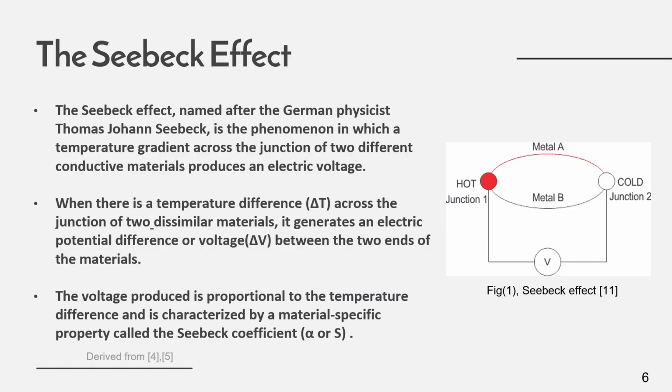And the Seebeck effect, as we have already discussed, is the basic principle behind the working of the TEG, an observation made by the German physicist Thomas Johann Seebeck. According to this effect, the temperature gradient across the junction of two dissimilar conducting materials produces an electrical voltage.